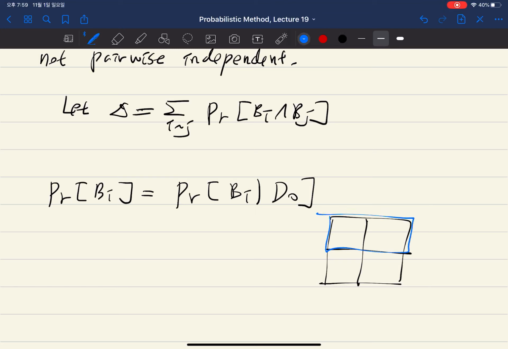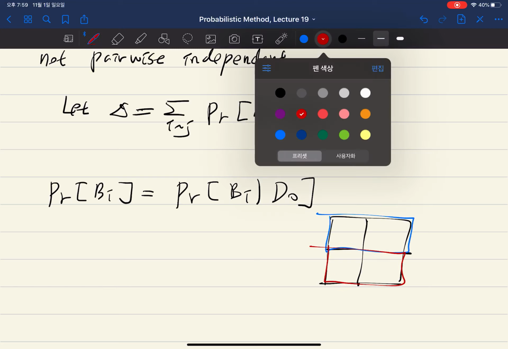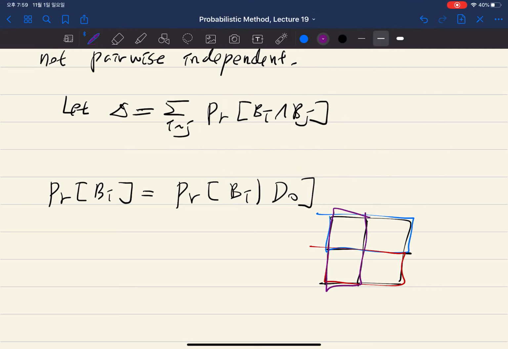Let's say this is one event and the other event. And this purple event is independent of the blue event because this blue event happens with probability half, and conditioning on this, the purple event happens with probability half. Conditioning on the blue event, it happens with probability half.